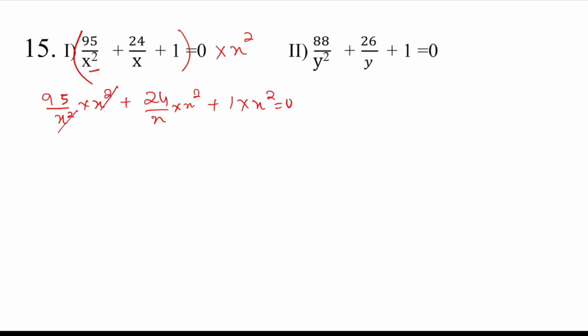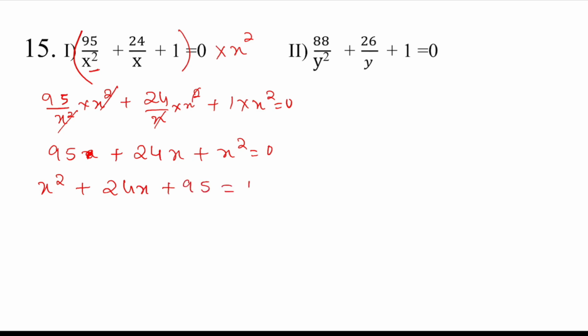So x square cancels, here x cancels, so it is 95 plus 24x plus x square is equal to 0. So this is nothing but x square plus 24x plus 95 is equal to 0.